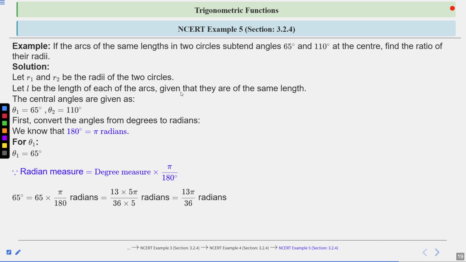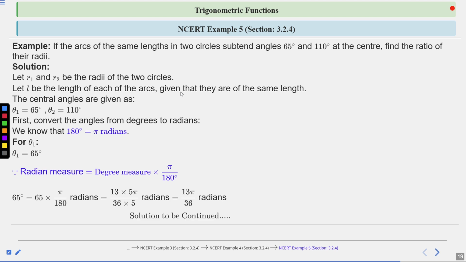So this 65 degrees is simply 65 times pi by 180 radians, which gives me 13 times 5 pi by 36 times 5. Now just cancel the common terms. You will get 65 degrees is the same as 13 pi by 36 radians.